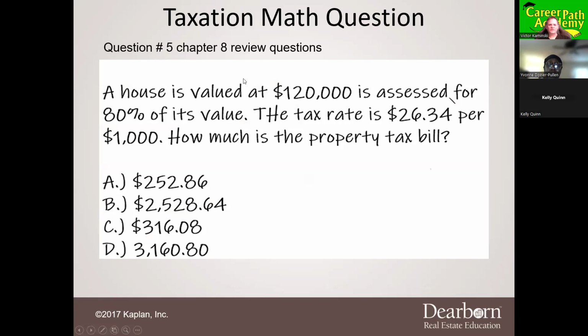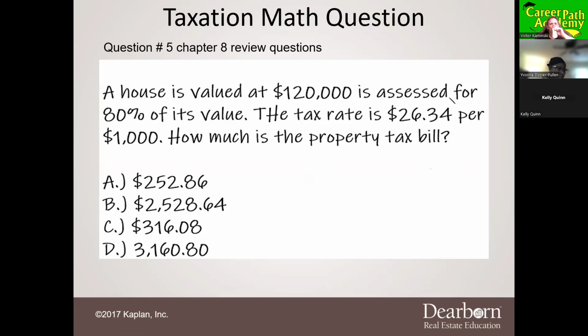Okay, here's a question, question number 5 from the end of this chapter. A house is valued at $120,000. It's assessed for 80% of its value. The tax rate is $26.34 per $1,000 of value. How much is the property tax bill? Go.